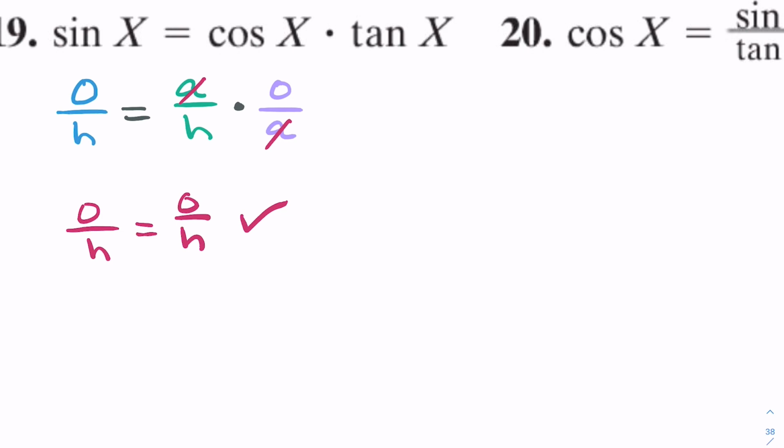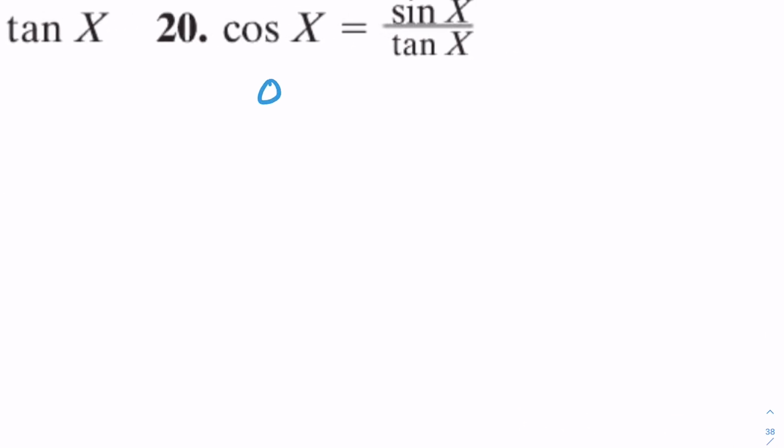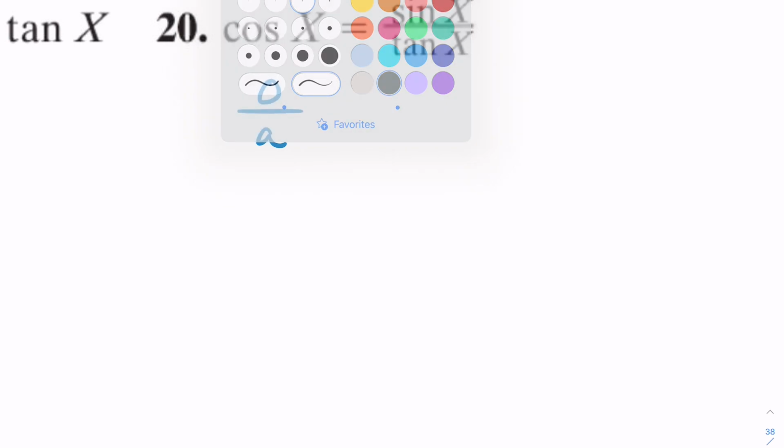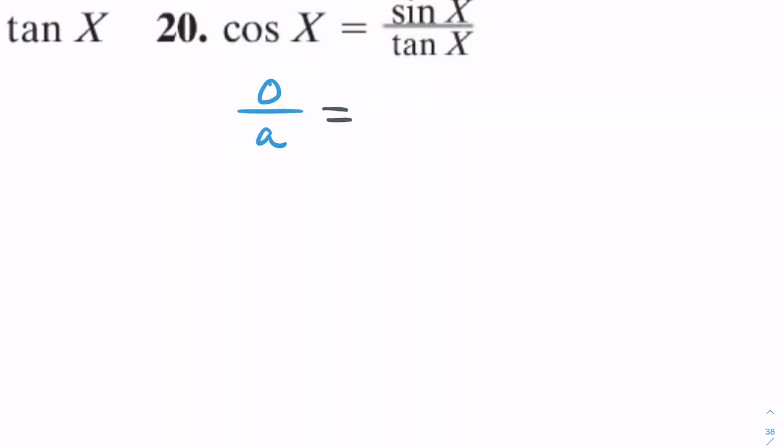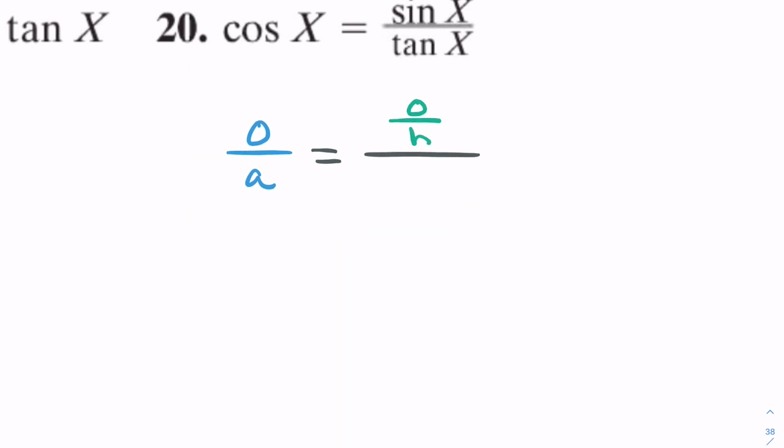And the last one, we have cosine, which is opposite over adjacent. And that is equal to the opposite over hypotenuse, which is sine, and then tangent is opposite over adjacent. So when we, again, keep change flip, we'll keep the numerator the way it is.